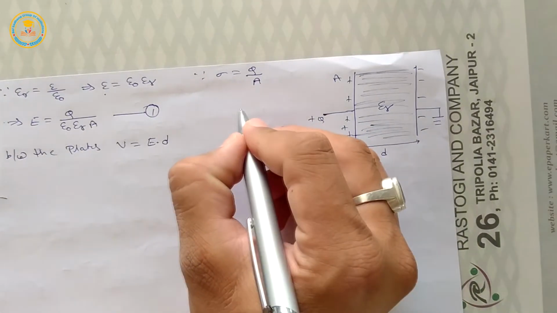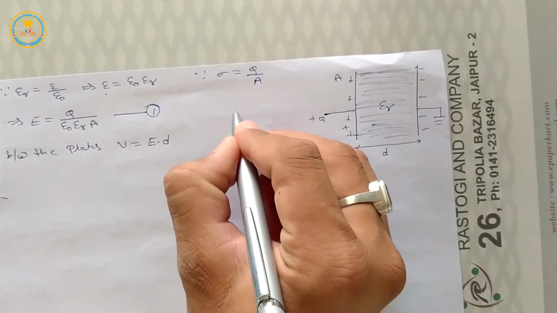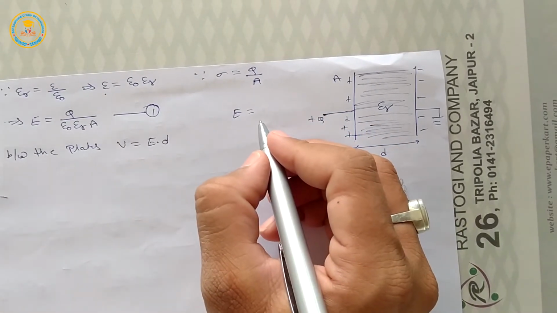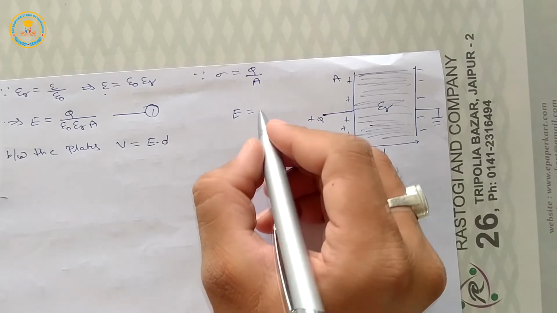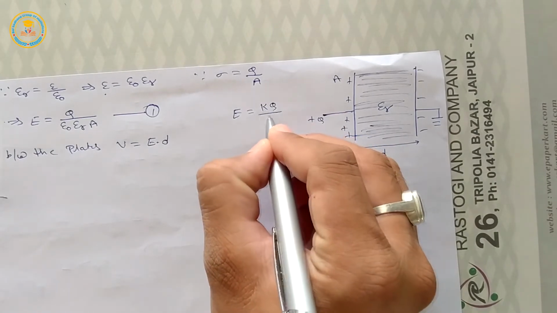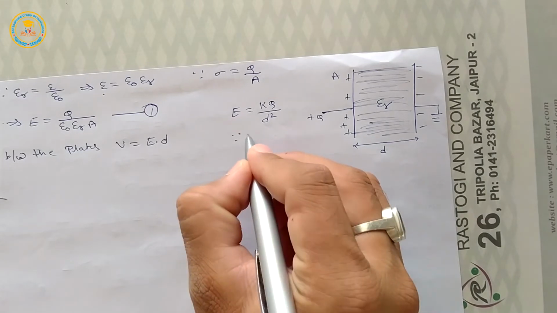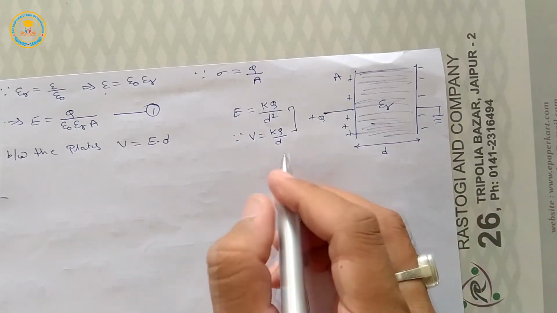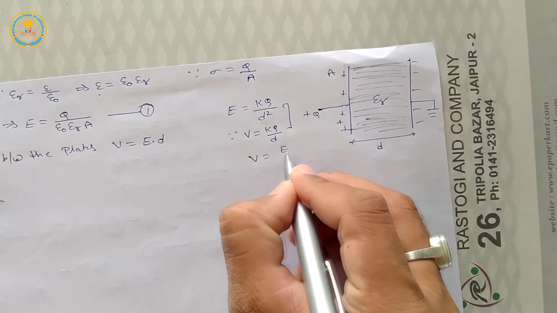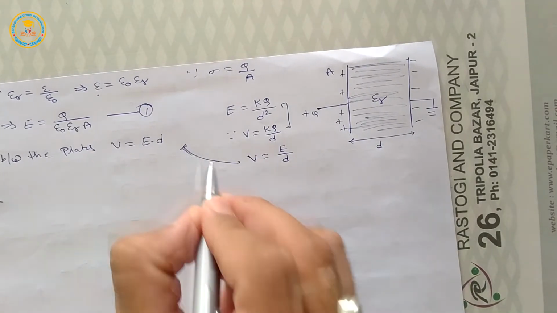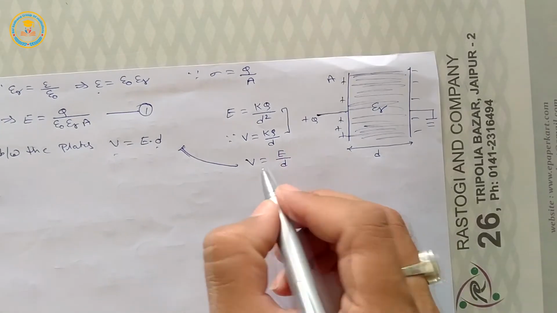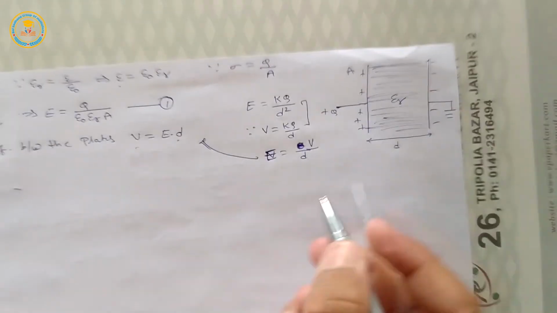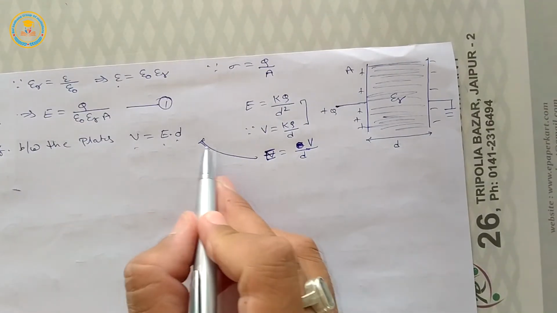We know that the electric field between two points placed at a small distance d is equal to kq upon d square, and we know that V is equal to kq upon d. So from these equations we write V is equal to E into d, that is, E is equal to V upon d. So from this equation, V is equal to E into d.